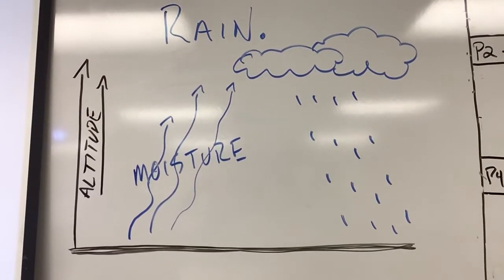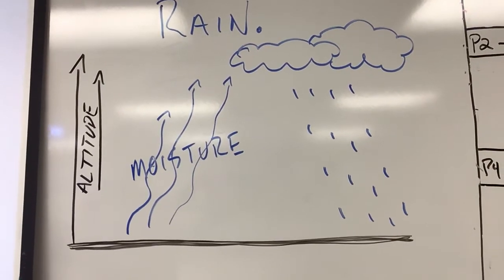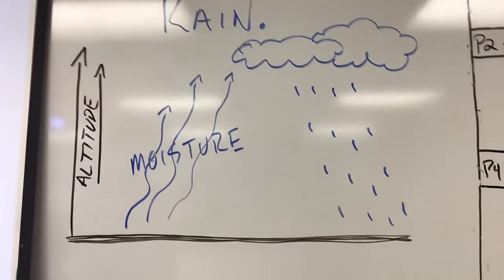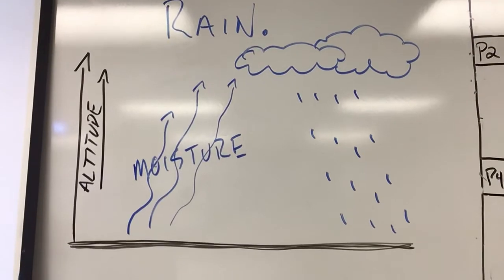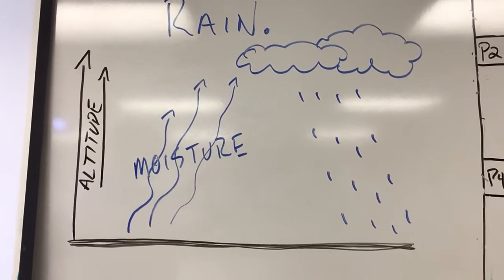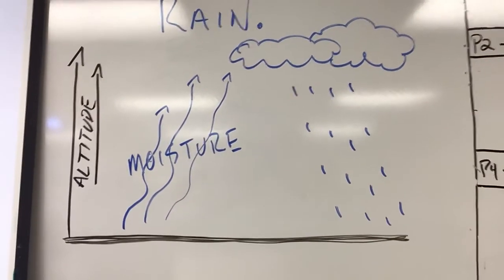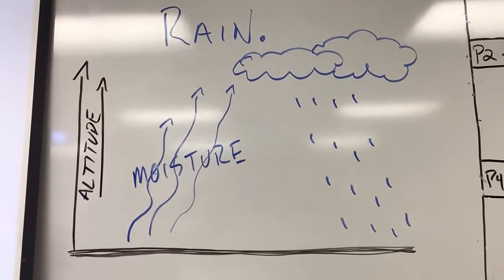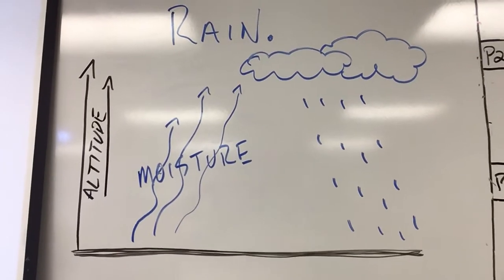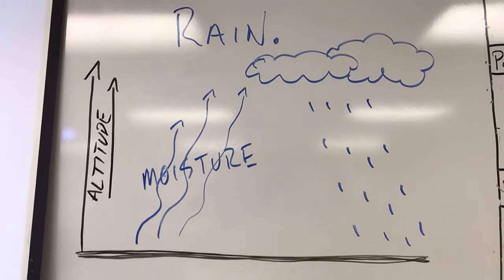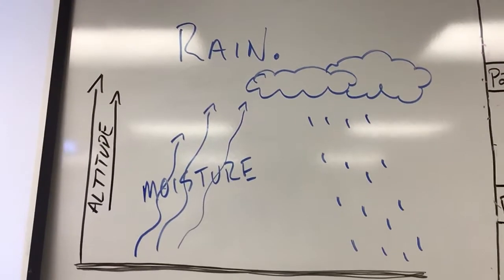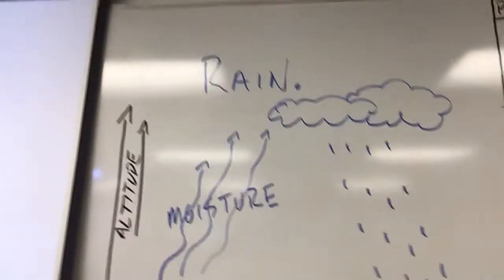So as warm, moist air is rising, once it hits a certain level, it cools and condenses, and that cool air can't hang on to that moisture as long, so guess what? It starts to rain. Okay, and that's pretty much consistent for everything that we're going to be talking about.